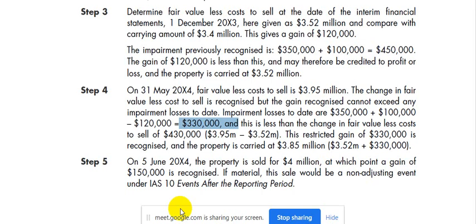So the asset now will be carried at 3.85, which is 3.52 plus 330 to give us 3.85. Then finally on 5th June, the property is sold for 4 million. So our gain will now be computed as follows: 4 million minus the carrying amount of 3.85 to give us a gain of 150.